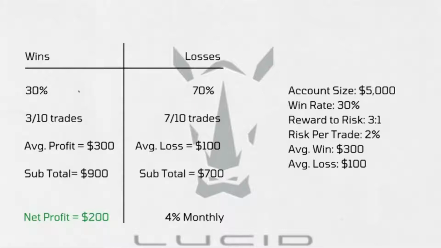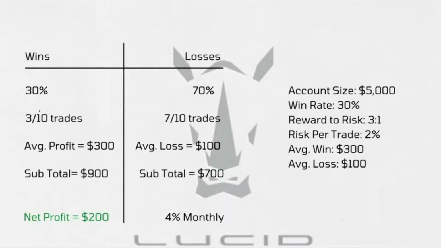So if we come over here to the left side of the screen, we're going to win 30% of the time. This is based on 10 trades. So you can imagine that is maybe you took 10 trades per month, or maybe you're taking 10 trades per week. However you want to scale this in your mind, or however it matches up to the way you trade, you can rinse and repeat this formula.